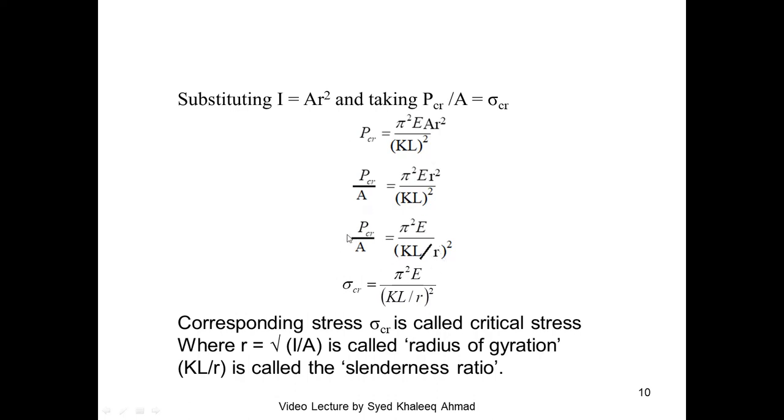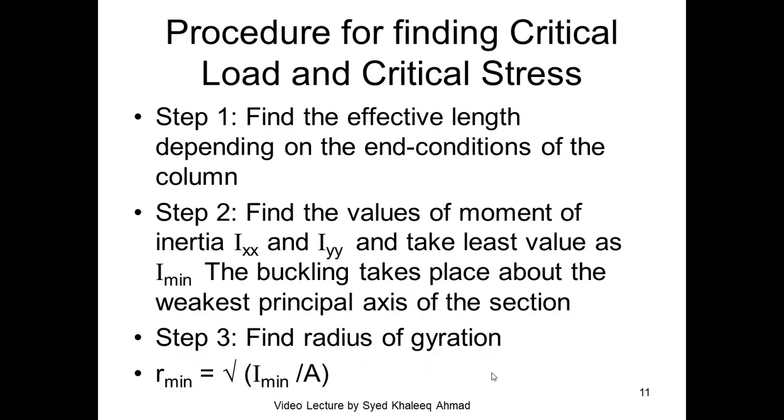Since P upon A is stress, it is the critical stress, pi square E over (KL by R) square, where KL is the effective length and R is the radius of gyration. KL by R is known as the slenderness ratio. This way we can find the stress and critical load.